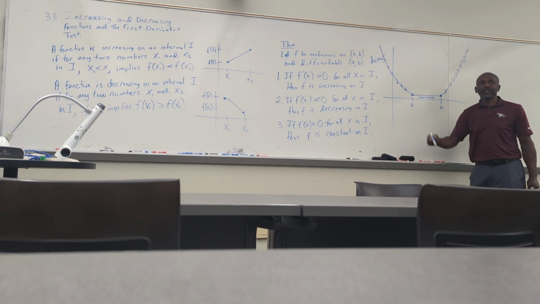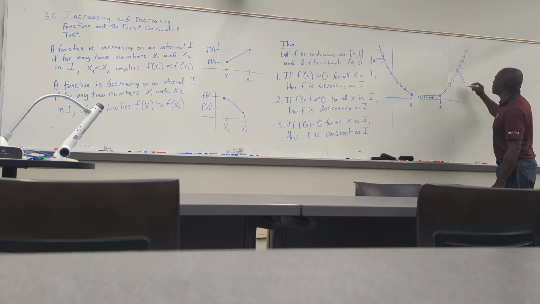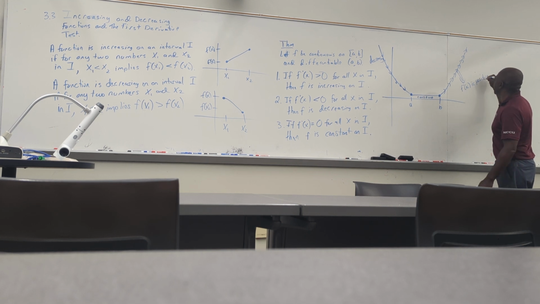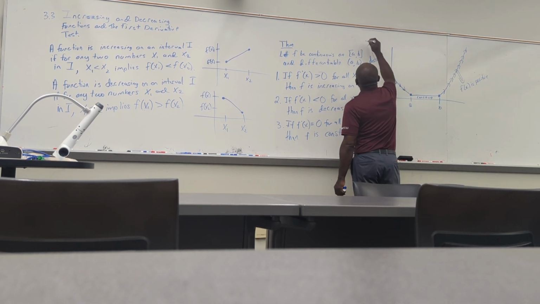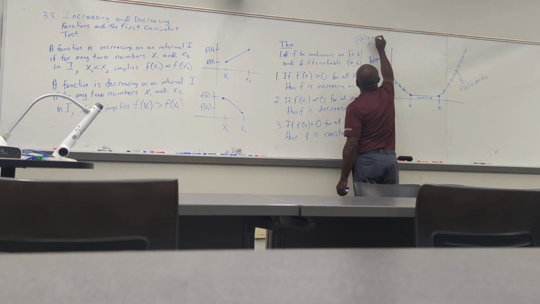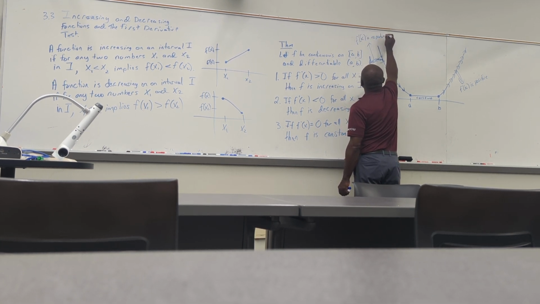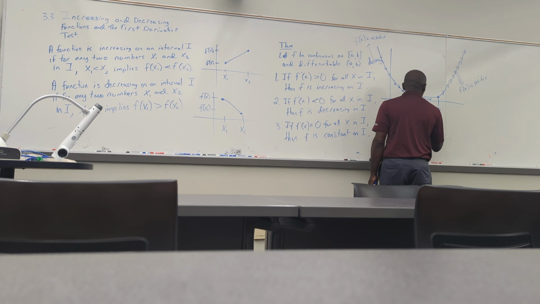What this theme is basically telling you is, right in here, f prime of x is positive. What this is saying right here is, f prime of x is negative. And what it's saying right in here is, f prime of x equals 0.